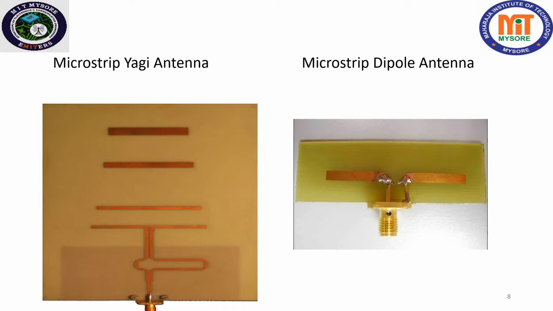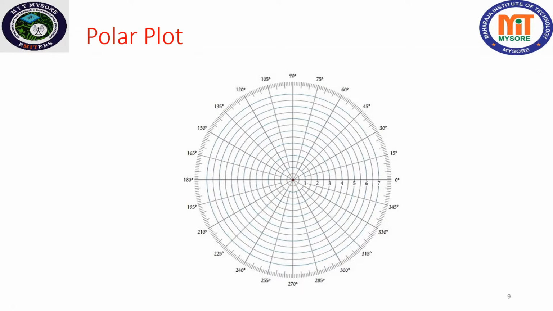As I have told, we are going to use the microstrip versions of the Yagi antenna and dipole antenna and measure their gain and directivity. You can see in the figure, the first one is the Yagi antenna, the second one is the microstrip dipole antenna.